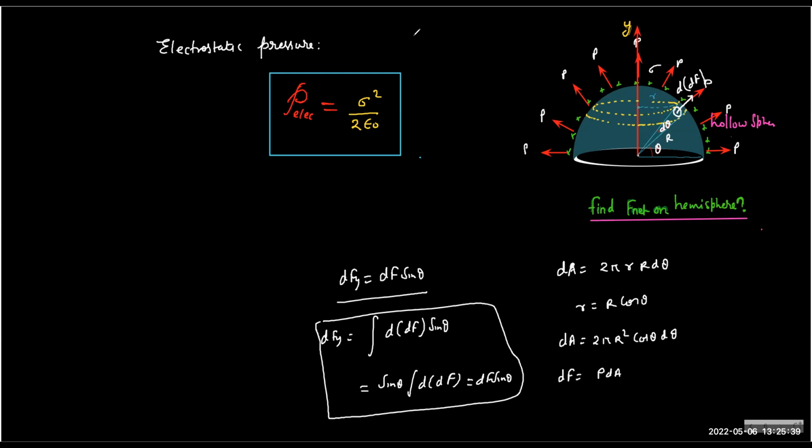Okay, great. So now we got dFy, and we know the formula for dF. So dFy we can write as P electrostatic into dA into sin theta.